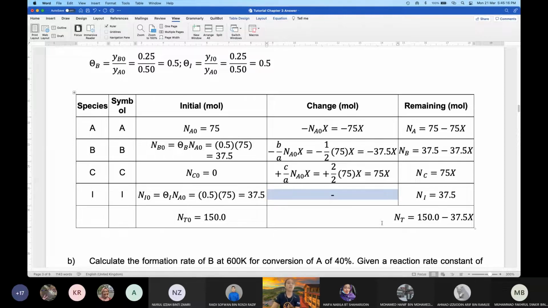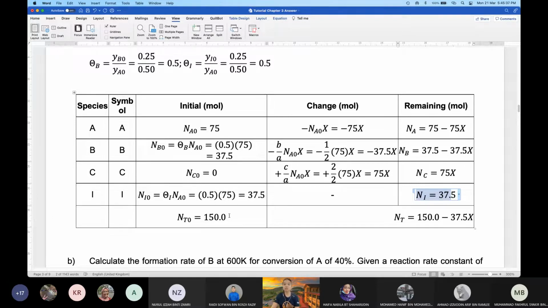Okay. Then you calculate the total inert remaining. Naturally it will be equal to total inert initial because nothing happens to it, right? So Ni is 37.5. So lastly, what you do? The last row, total initial, total remaining.